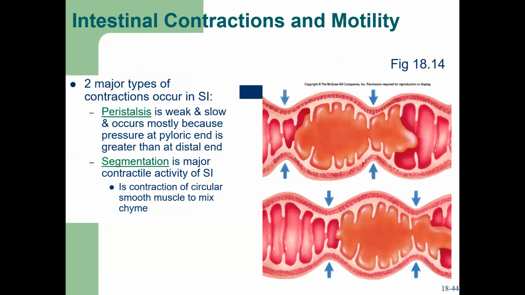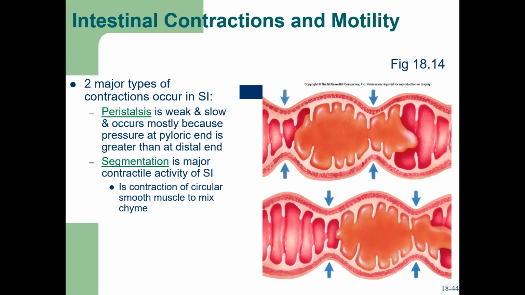If we look a bit at not just the smooth muscle, but the nervous system that innervates the smooth muscle. SI here is small intestine. It does not mean Sports Illustrated. So the small intestine has two major contractions.